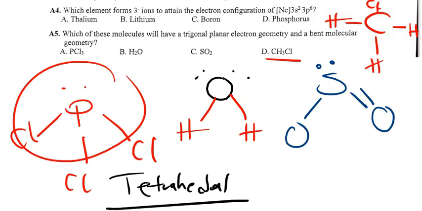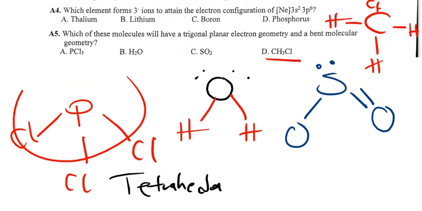So tetrahedral is the electron geometry for the first one. So already it's disqualified. Now the tetrahedral structure, if you remove the lone pair electrons, becomes trigonal planar. With the presence of the electrons on top, it was called tetrahedral, which is not the required one.